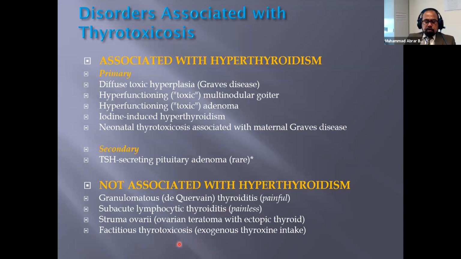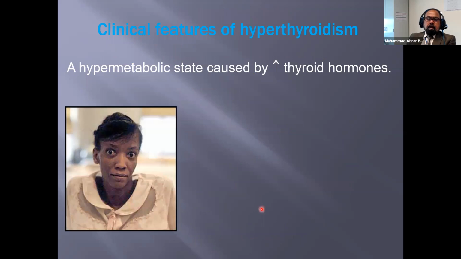Factitious thyrotoxicosis: if you give exogenous thyroxine, and this thyroid intake is mismanaged, sometimes it causes hyperthyroidism. So the clinical feature of hyperthyroidism, as we have already mentioned, is the hypermetabolic state caused by the increase in thyroid hormone.